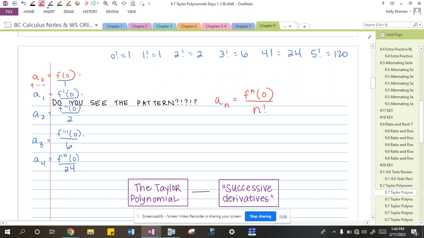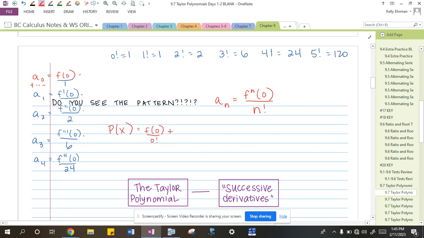So what we're saying is we've got this polynomial now. And we could set this up as a series, but before we do that, I'm going to write out the terms. So instead of saying a sub 0, I can say the constant term was f of 0. Now, technically, that's over 0 factorial, but remember, 0 factorial is 1.